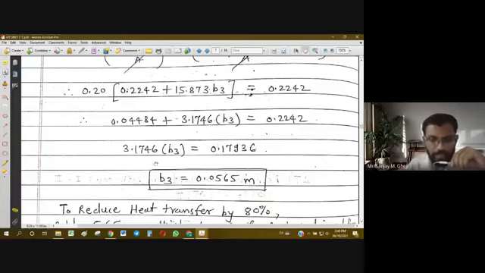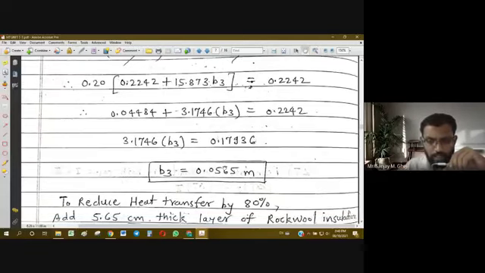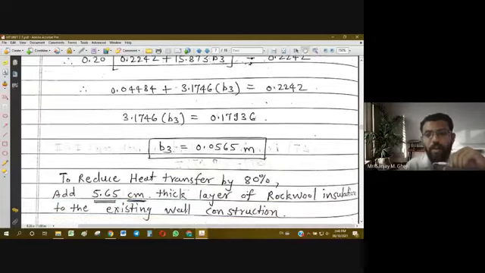So the thickness B3, the thickness of insulation, is obtained as 0.0565 meter. This is in meters. We can convert it into centimeters by multiplying by 100, so 5.65 centimeter, or in millimeters multiply by 1000, you get 56.5 millimeters.